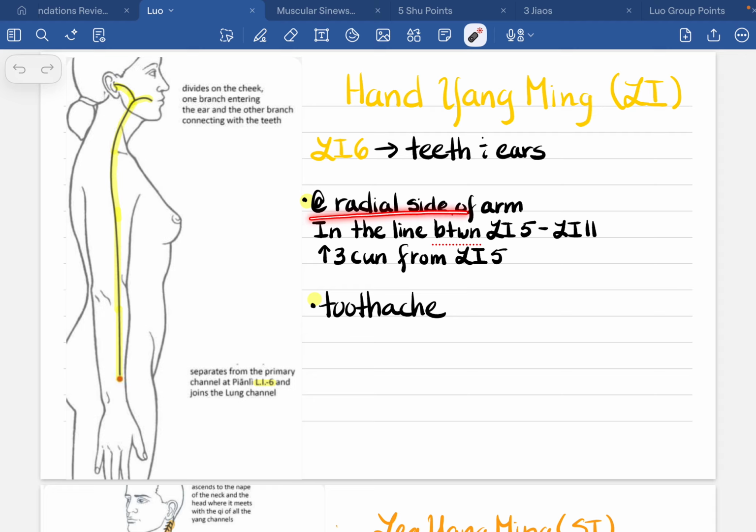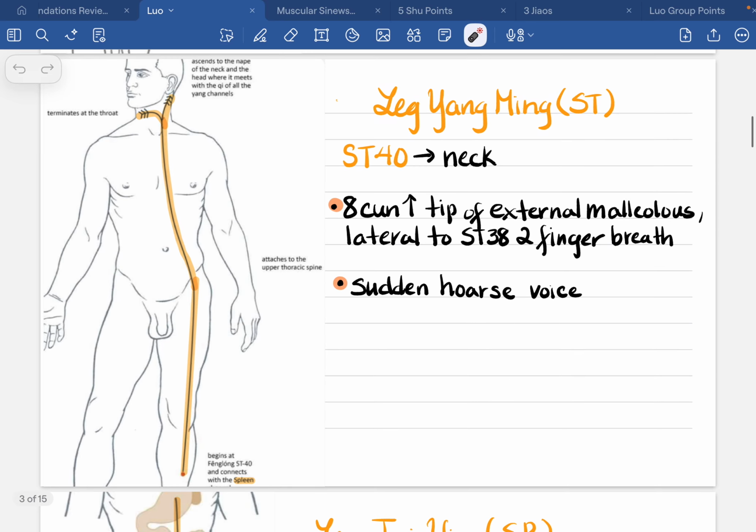It's at the radial side of the arm, right here, on the line between LI 5 and LI 11, but it's 3 soon up from LI 5. And of course, just like I said before, because it goes to the teeth and ears, LI 6 addresses toothache.